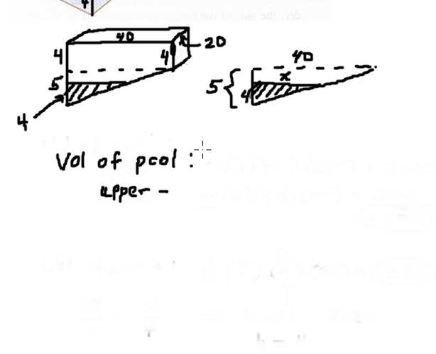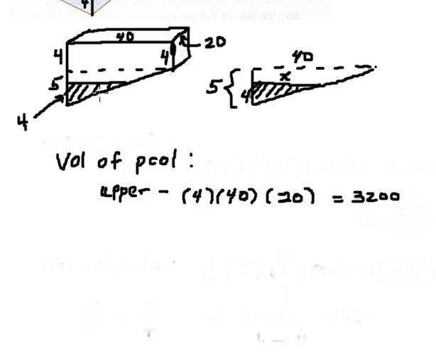So the volume of the pool is just the product of those dimensions, 4 times 40 times 20. That's 3,200 cubic feet.